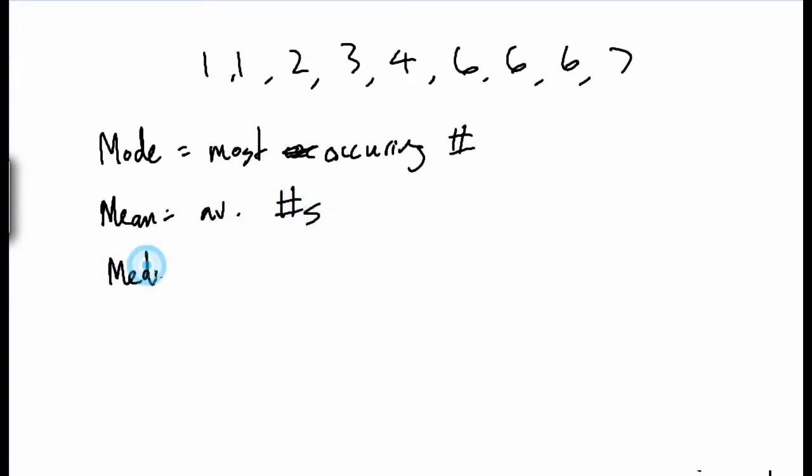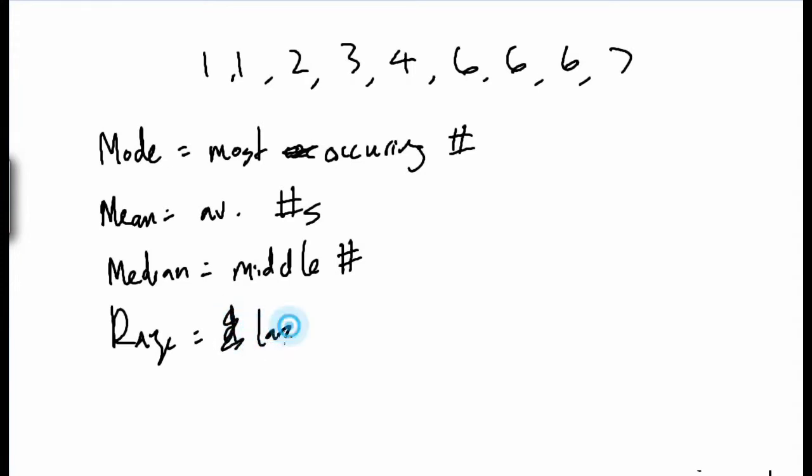The median equals the middle number. These are all values we'll use eventually, and the range is the largest minus the smallest. So let's find the mode, mean, median, and range of this data set.